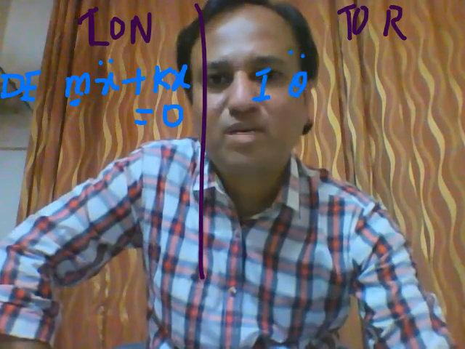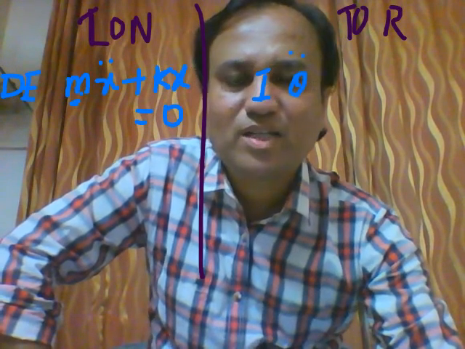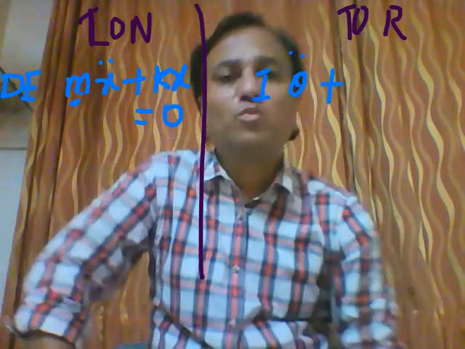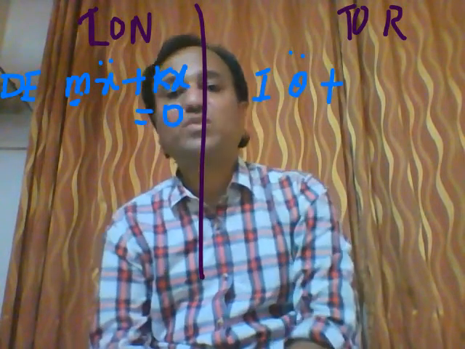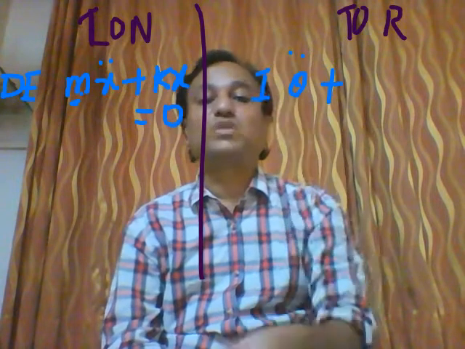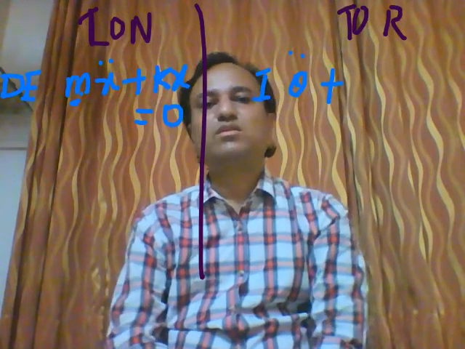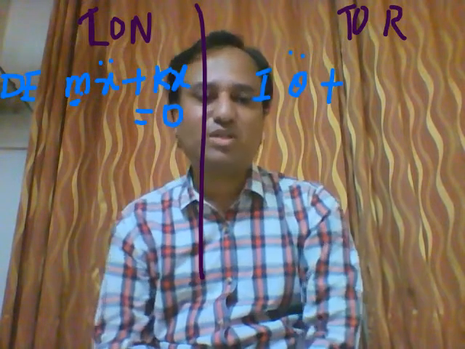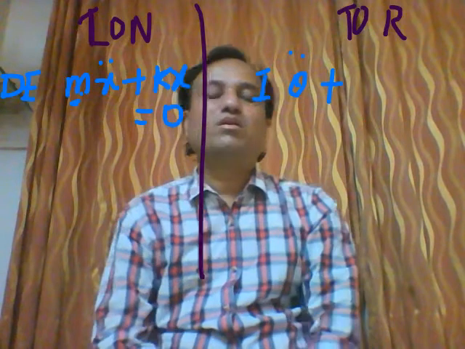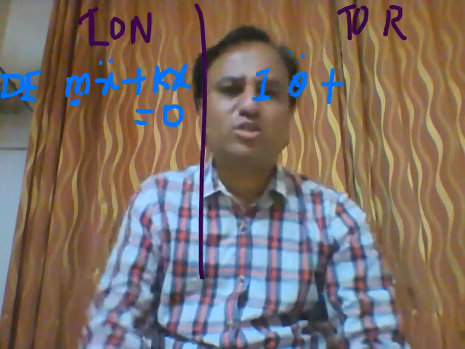So m replaced by I, x double dot replaced by theta double dot, as the motion is an angular motion or rotary motion. In longitudinal vibration, the motion of the vibrating body will be linear or reciprocating motion. But in torsional vibration, the vibrating body has a rotary motion or angular motion.